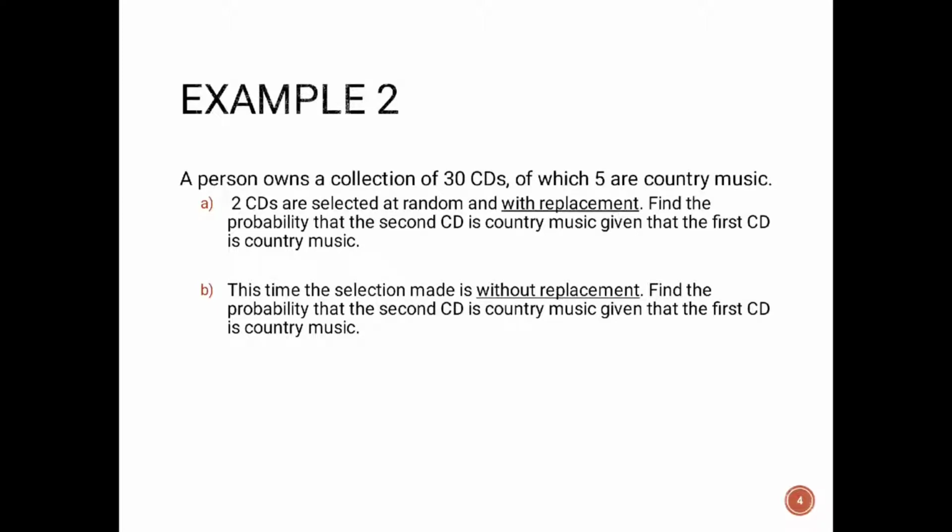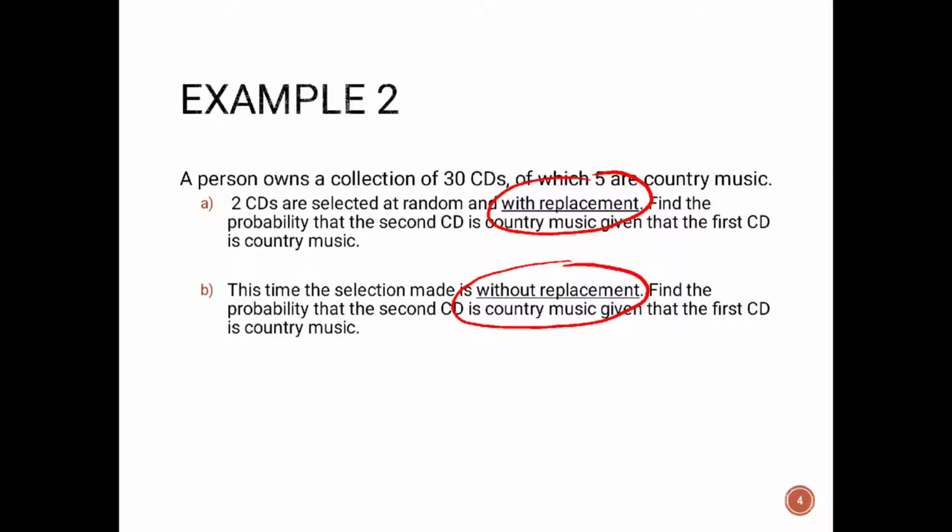In example 2, you can see this new term, with replacement and without replacement. Usually, or intuitively, you should think of drawing a tree diagram to solve this question.